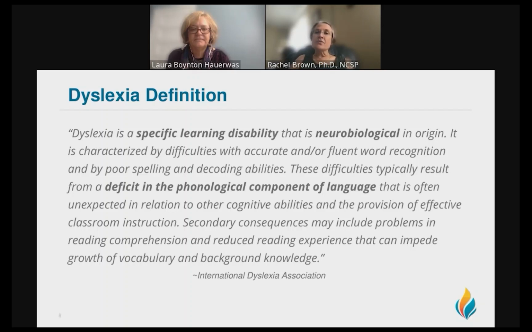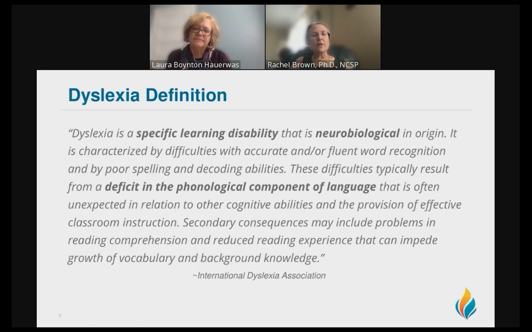I'll start with an overview of how dyslexia fits into special education regulations. And there are many different parts of this. I just want to kick off with a definition of dyslexia. And notice that this definition that you see on the slide, which comes from the International Dyslexia Association, specifically indicates that it is a type of specific learning disability, that it's neurobiological in origin.